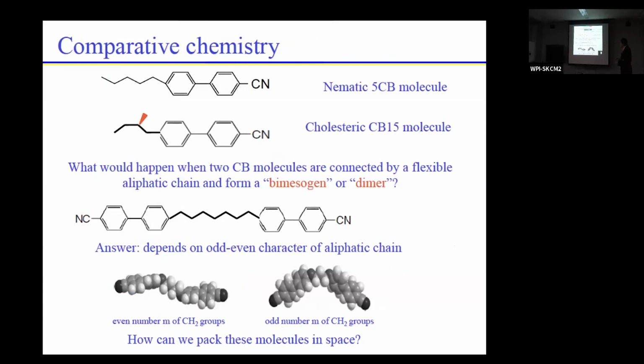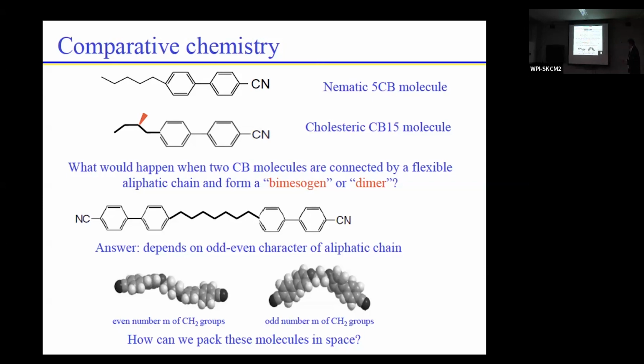And so the examples we discussed so far would have this mirror symmetry breaking at the molecular level because of, say, this carbon center in here. But it turns out if you have molecules like pentyl cyanobiphenyl I was showing you before, but imagine taking two such molecules and connecting them together by tails, pretty much bonding them, right?